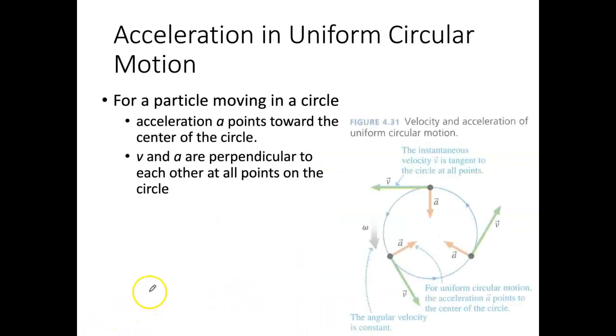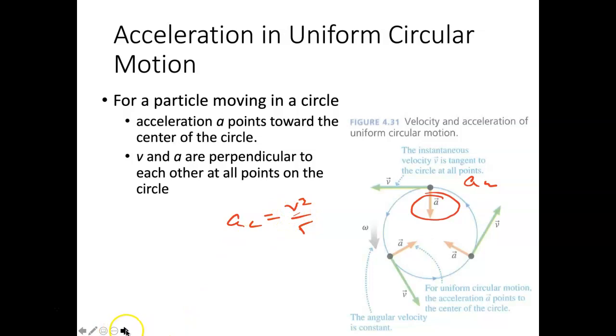If we take a look at the acceleration in uniform circular motion, now we're going to look at how we have this acceleration that points to the center. Remember, that is the centripetal acceleration, so that's a_c. And if you remember, a_c is equal to v squared over r, where v is tangential speed.